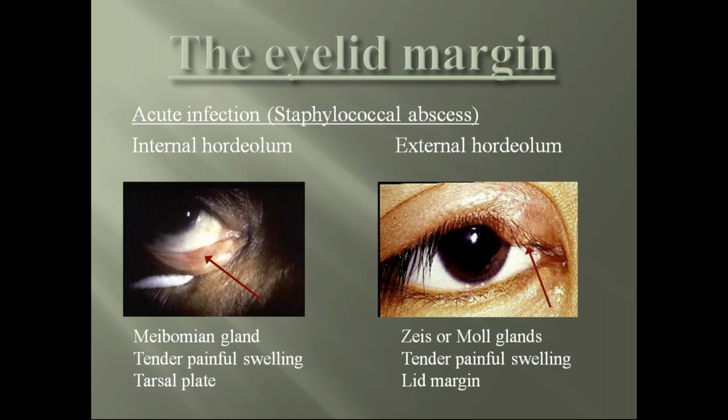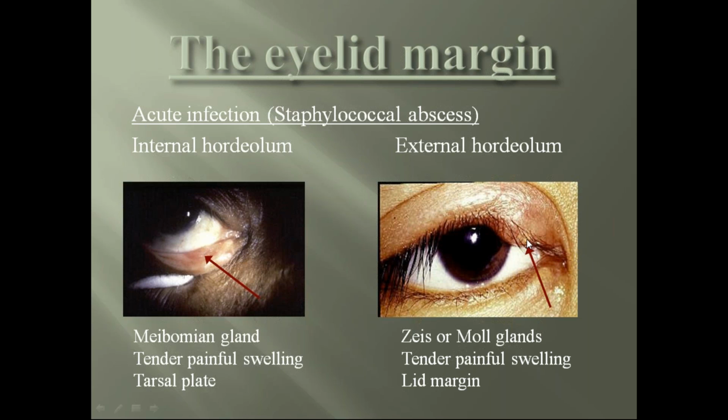So what is infection of the eyelid margin? When the infection is internal, it is called internal hordeolum. When the infection is external, it is called external hordeolum. Here there is a gland, the meibomian gland, which is present posteriorly, behind the gray line, as we had seen in the anatomy. When it gets inflamed, you call it internal hordeolum.